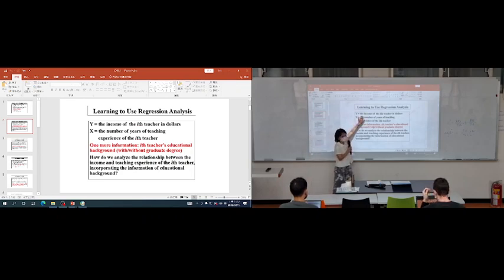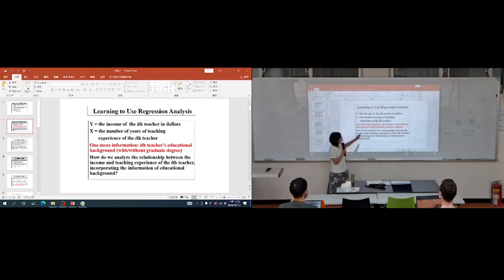So this is in dollars, this is in years, the measurement units. Now, if I want to add one more piece of information, which is the teacher's educational background, the definition is with or without a graduate degree. This is high school teachers' data.